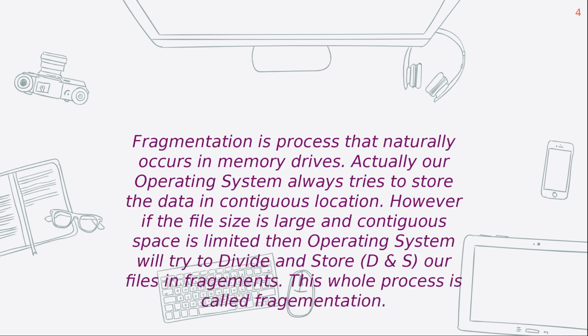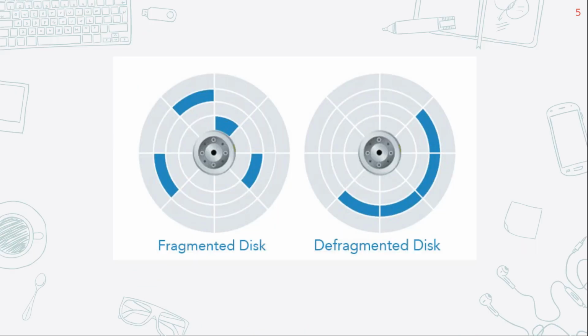I have an image to show you how a fragmented and a defragmented disk actually look. On the left you can see a fragmented disk, and on the right you can see the defragmented disk. The fragmented disk looks like the parts of the files are split across the circular platter of the disk, while a defragmented disk looks very nice, with data in circular contiguous locations.